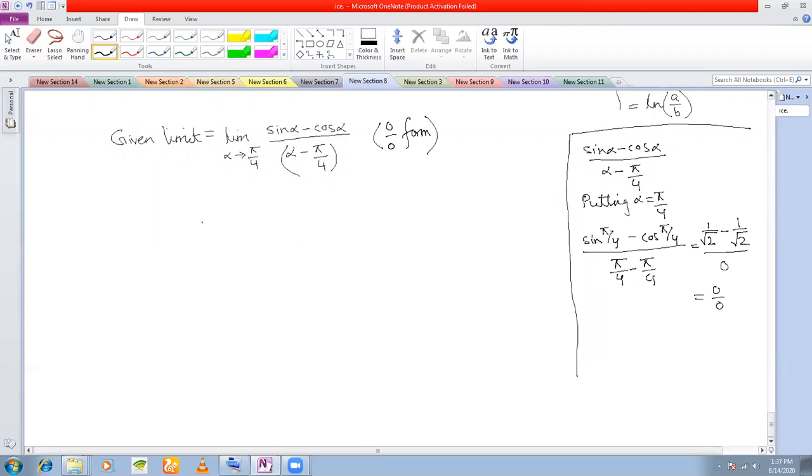Okay. So apply L'Hospital's rule. You will differentiate this with respect to alpha, because alpha is the variable. d/d alpha of sin alpha minus cos alpha divided by d/d alpha of alpha minus pi by 4. Okay, so this is by L'Hospital's rule.